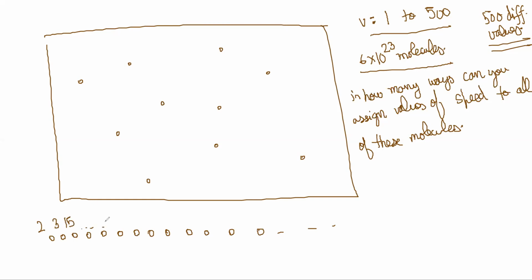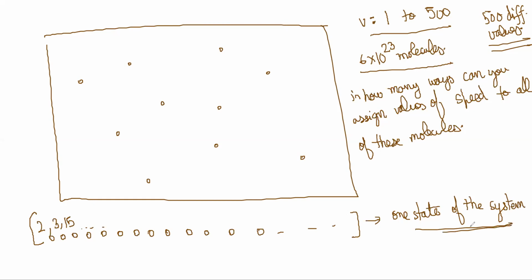You start assigning values of the speeds to all the molecules. Then every such assignment is one state of the system. Basically, you are saying in this current state, these are the values. In a slightly different state, maybe everything is the same except one molecule, where it was 2 and it is now 1.